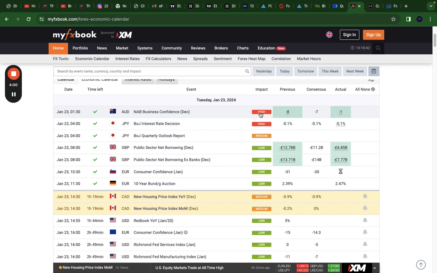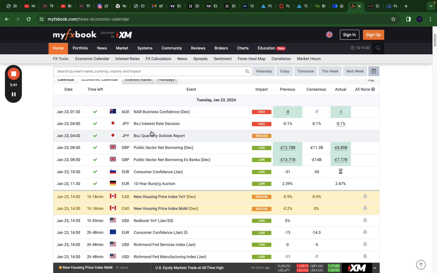So you're just going to overlook any trade that has a currency pair of AUD. For instance, you can see AUD/JPY, AUD/USD, AUD/NZD. Anything AUD should not be traded at that time.